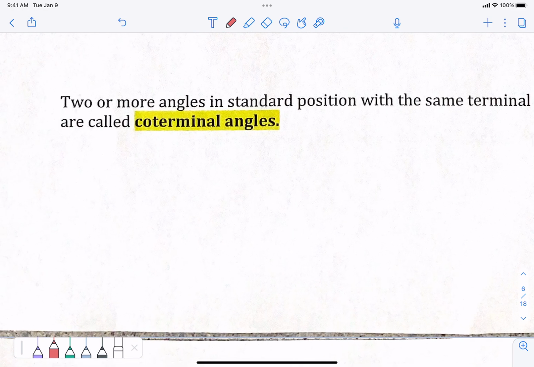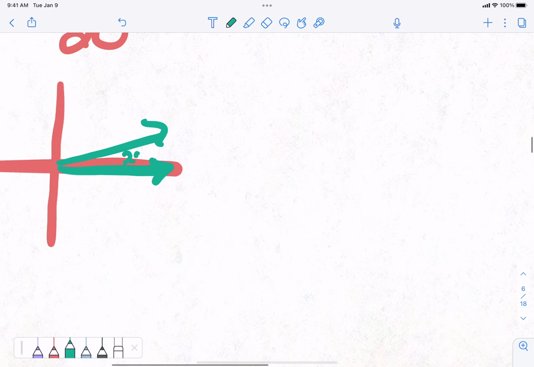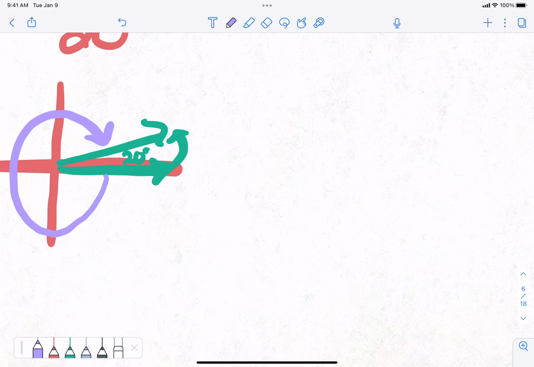I'm going to start with like, let's say a 20-degree angle, okay? And let's map it. 20 degrees is just going to be in the first quadrant, a very, very small angle, like here, right? 20 degrees, okay? Now this 20-degree angle, let's say instead of going this direction, 20 degrees, I want to go around and go the long way to get to that mark.